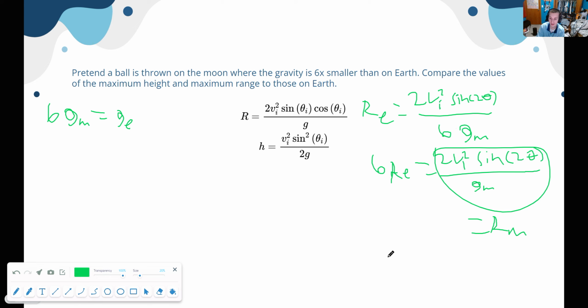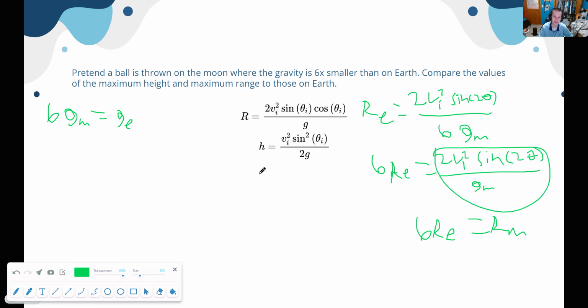So what that means is that we have 6 r sub e is equal to r sub m. So the range on the moon is 6 times larger than it is on Earth. It is 6 times larger. Okay, interesting. That's because you have to multiply the range on Earth times 6 to get the range on the moon. So the moon range is 6 times larger.